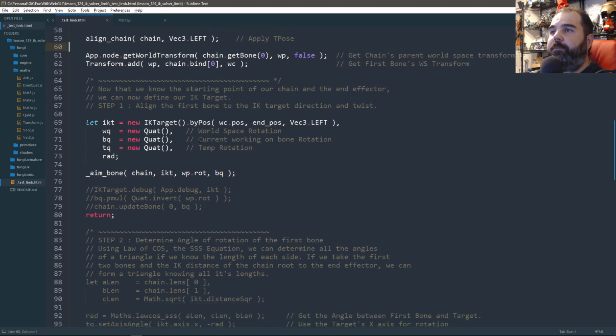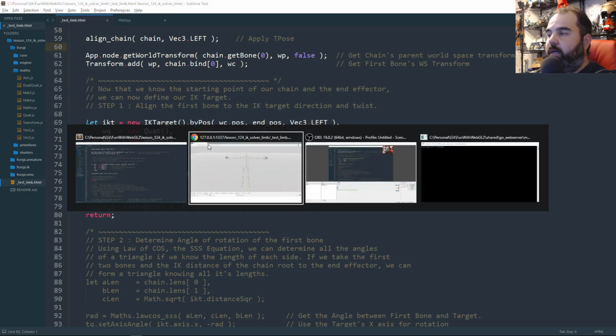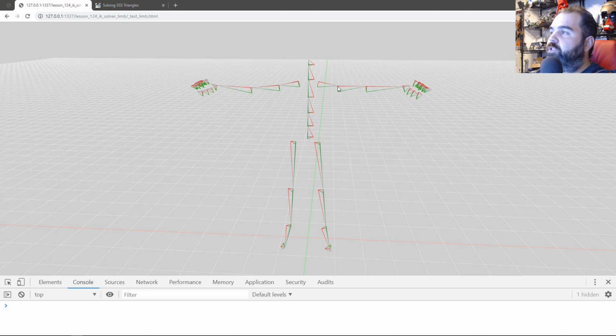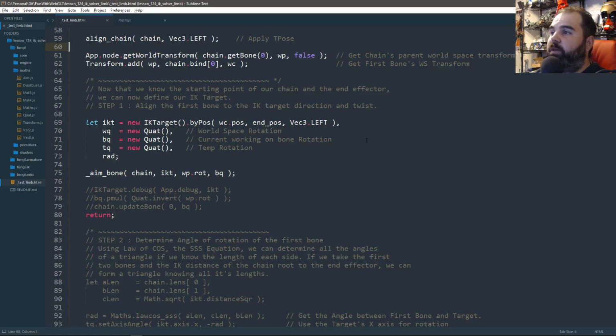So the first step is we need to define an IK target. So the IK target is basically the start of our first bone in our chain and some type of end effector, which I can't display yet. And then from there we define the direction from the shoulder to the end effector. We determine what the up direction is and what the left direction is.